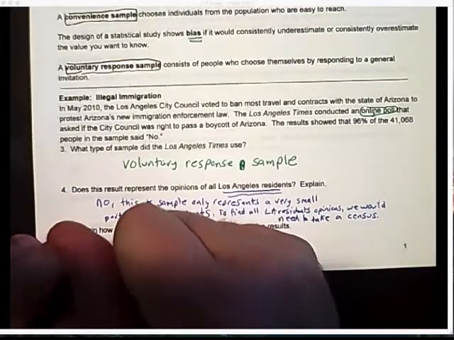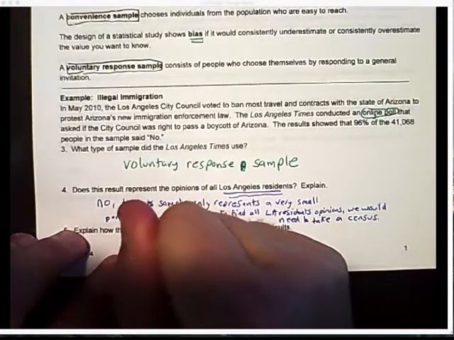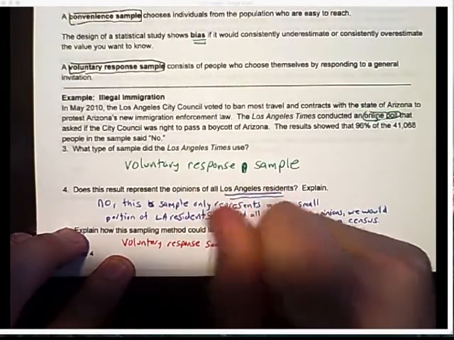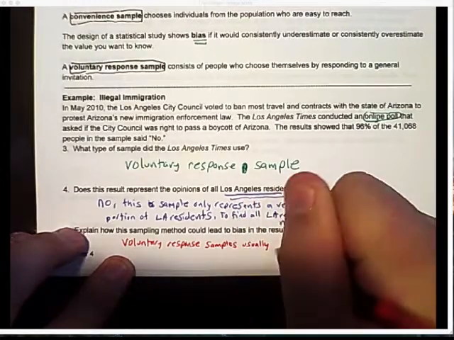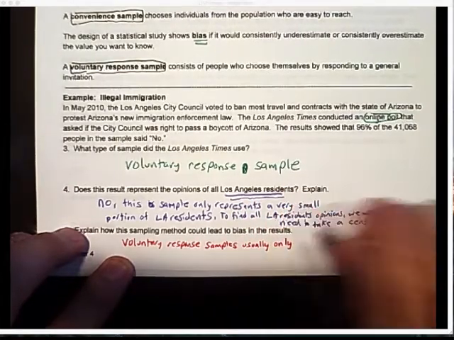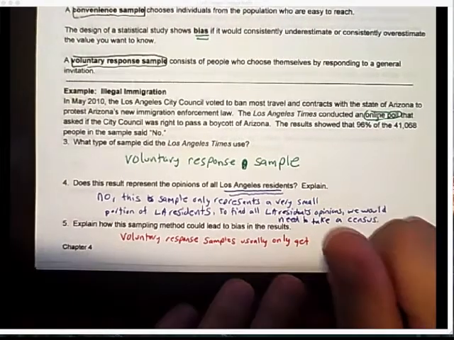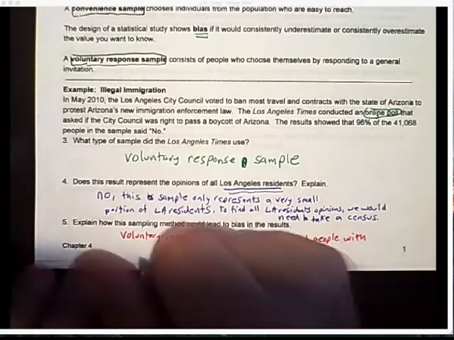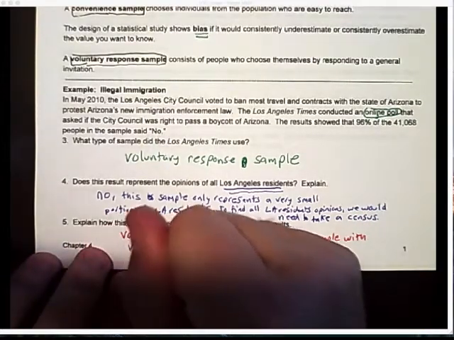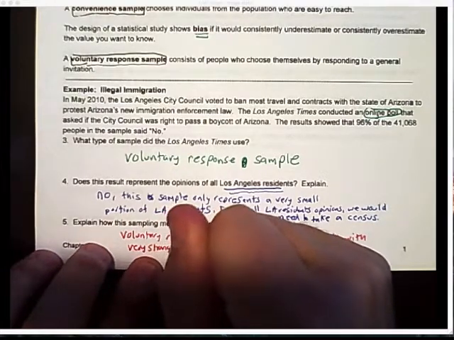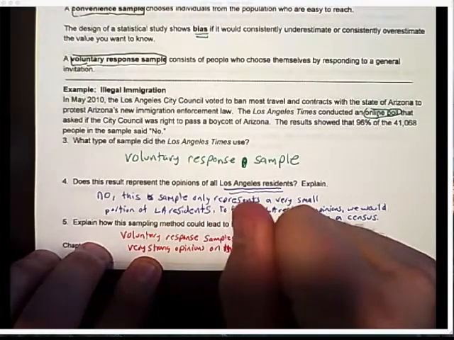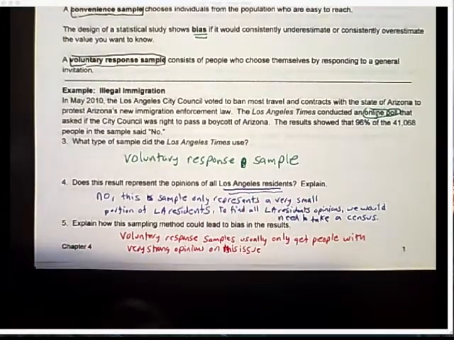Okay, and I would say something like this. Voluntary response samples usually only get people with very strong opinions on issues, or on this issue in particular, because immigration, it's a hot topic that's been going on for the last, I don't know, 20 years or so.